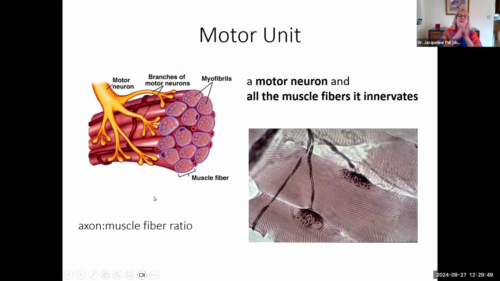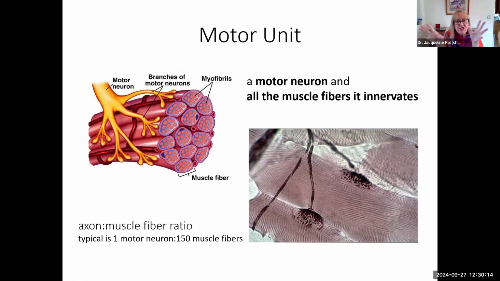Okay. And that can give us something known as an axon to muscle fiber ratio. In other words, how many muscle fibers does one axon from one neuron innervate? So it's going to be 1 to something. How many muscle cells is this one neuron innervating?